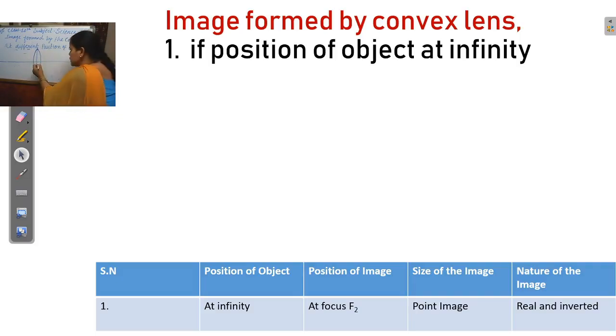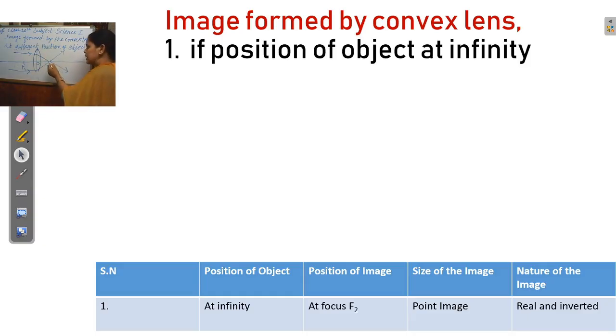So just consider light rays incident parallel to the principal axis, and they pass through the principal focus. Because we have no idea about the distance of the object, as it is at infinity, just draw these two parallel incident rays passing through the principal focus.